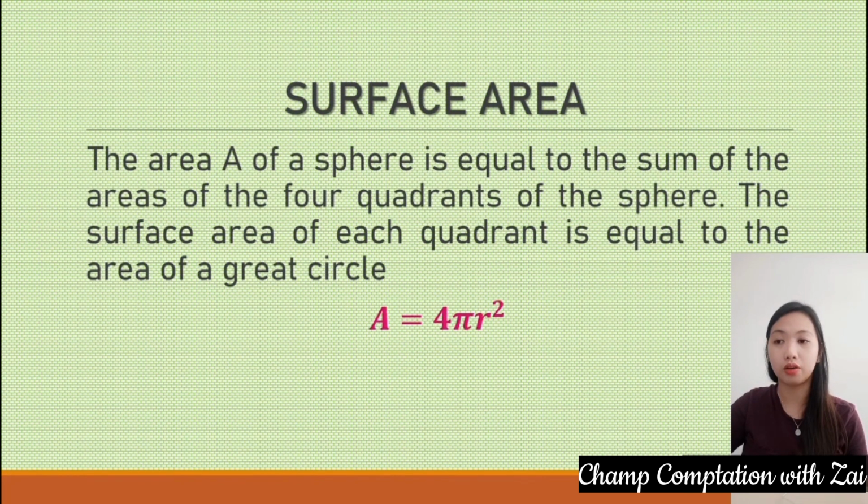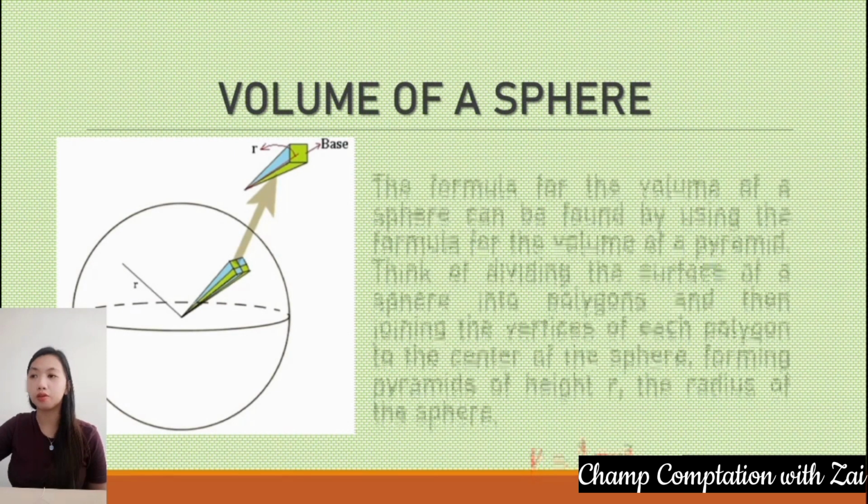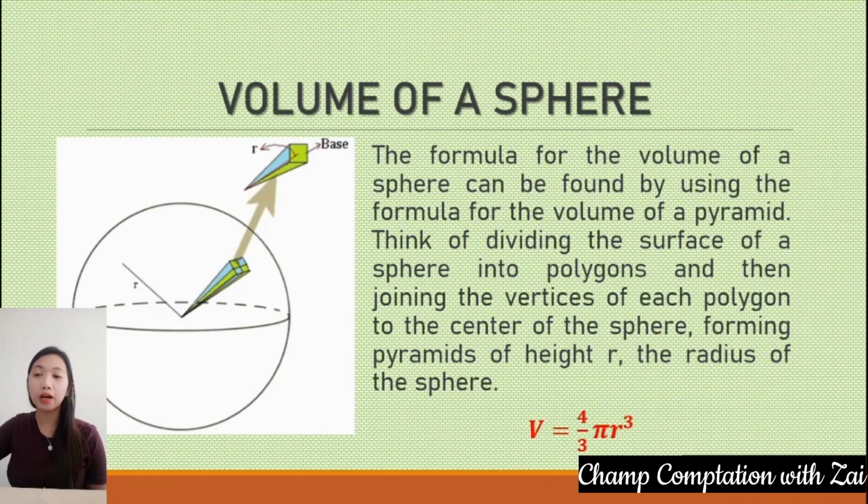For the volume of a sphere, the formula can be found by using the formula for the volume of a pyramid. Just like the volume of a pyramid, think of dividing the surface of a sphere into polygons and then joining the vertices of each polygon to the center of the sphere, forming pyramids of height equal to the radius of the sphere.